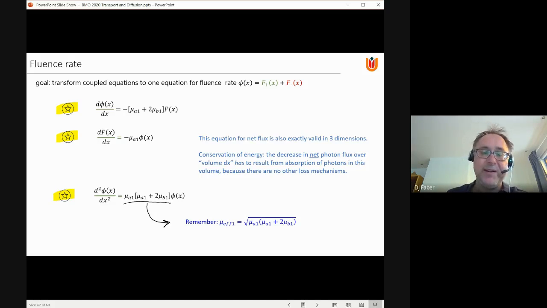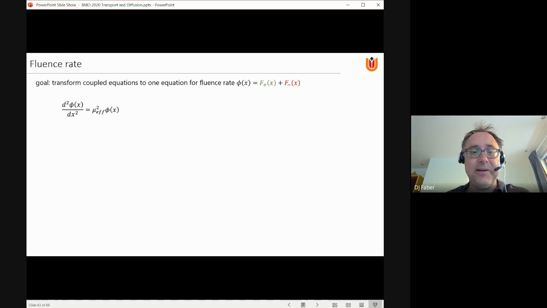And you remember that a couple of slides back for this constant on the right-hand side we had defined an effective attenuation coefficient, mu eff. So we can compact the expression a little bit further.